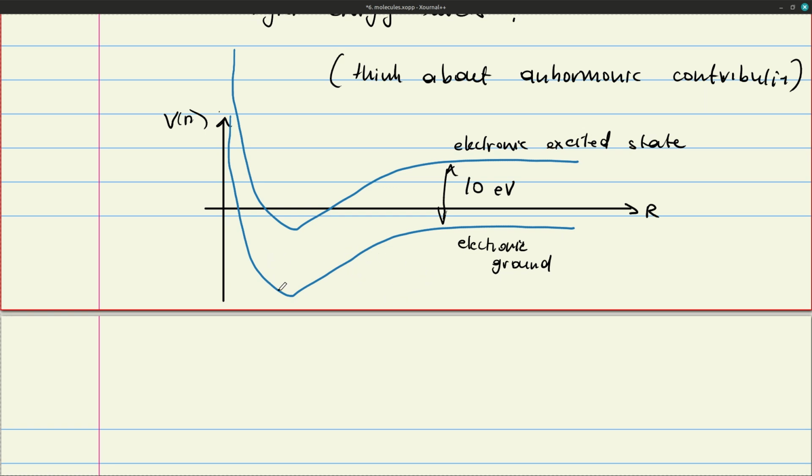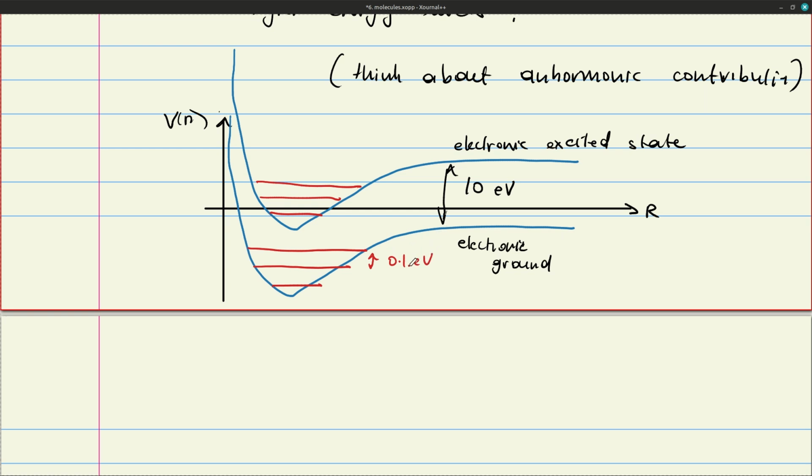And the next thing is there are these harmonic oscillators in each well, right? Maybe I can use another color, not to mix up. So there are these harmonic oscillators here. Maybe I can just draw 3, and there are also harmonic oscillators here, 1, 2, 3, and the spacing here is on the order of 0.1 eV, 10 to the minus 1 eV.